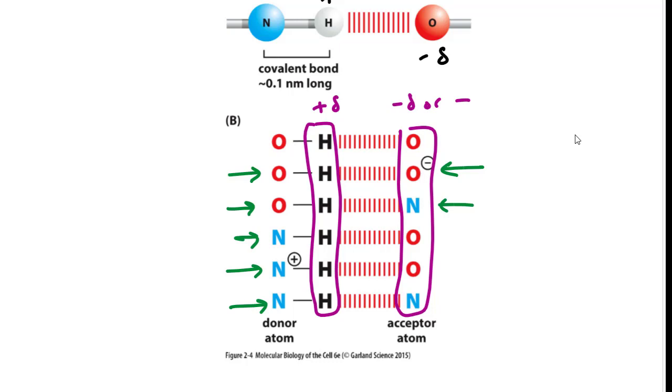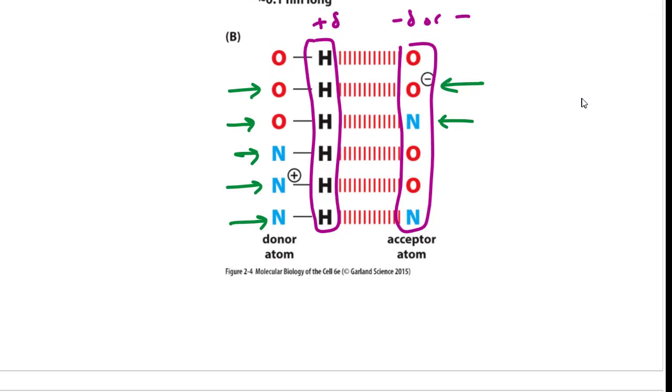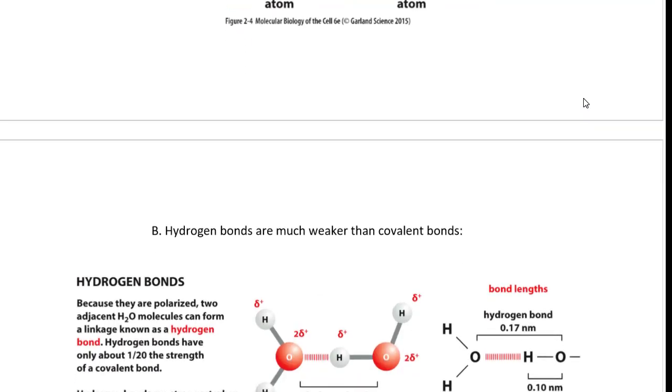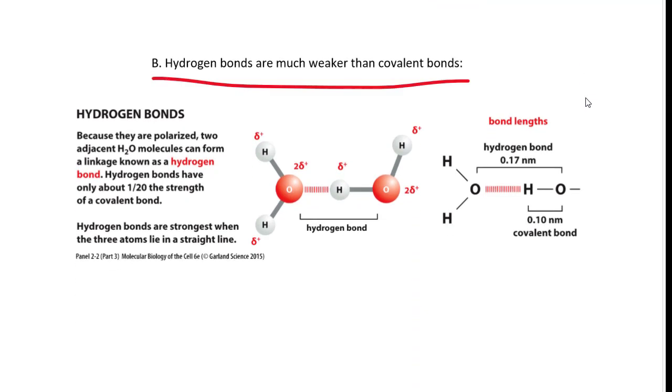And that leads to the formation of a hydrogen bond, because it's just positive and negative charges getting near each other, being attracted to each other, and sort of grabbing onto each other a little bit. So hydrogen bonds are much weaker than covalent bonds. And we'll look at the numbers for that in a second.